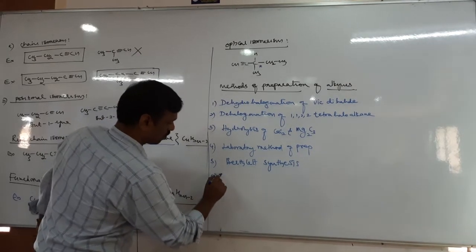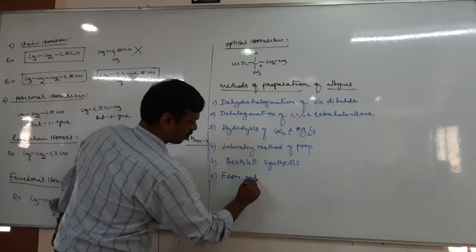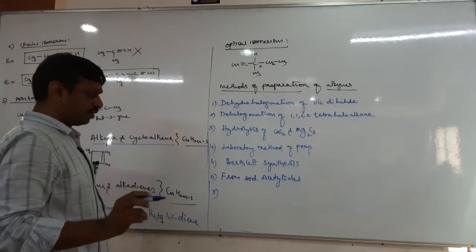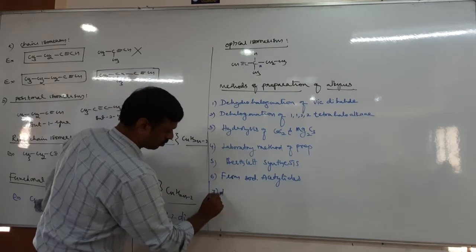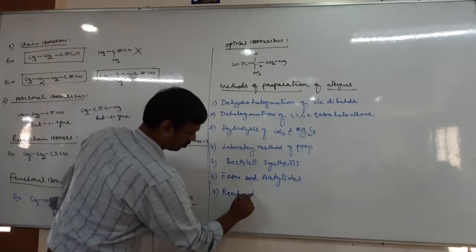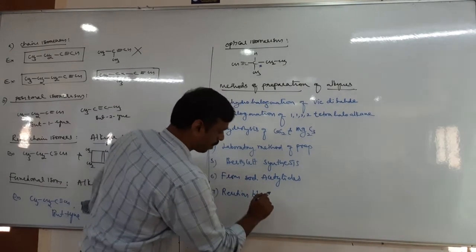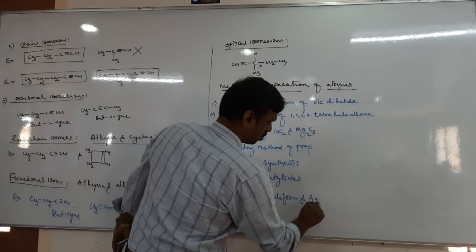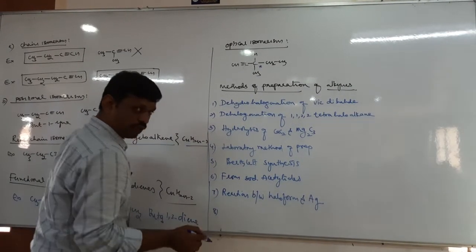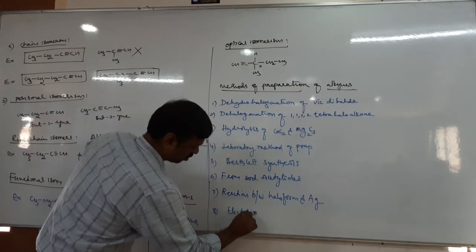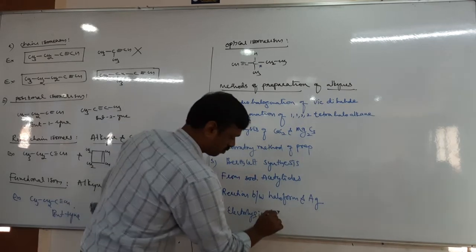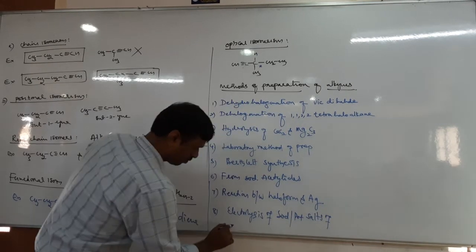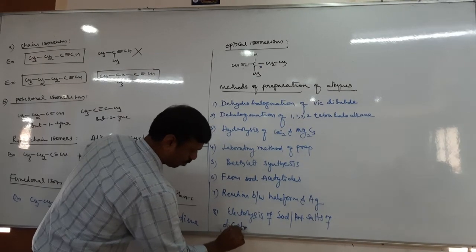Sixth one is from sodium acetylides, and 7th one is the reaction between haloform and silver, and 8th one already we have studied, electrolysis of sodium or potassium salts of dicarboxylic acids.